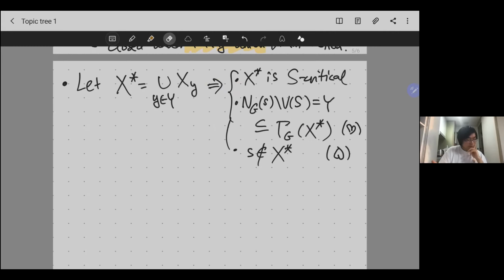Okay, after obtaining this, consequently, according to my note, we have that gamma of G of X star, oh, okay. So our magic set will be X star union S. We will show that X star union S shows that capital S is not good.